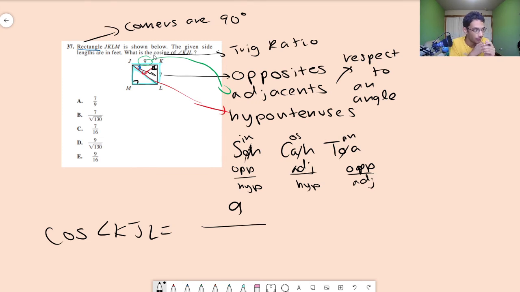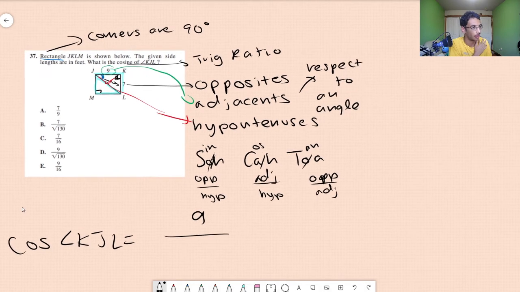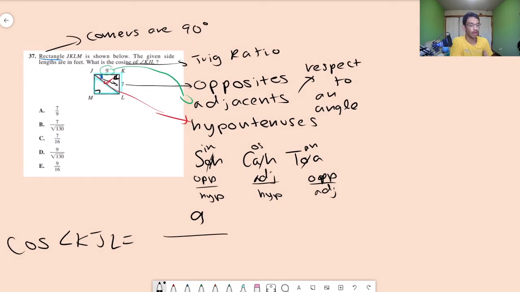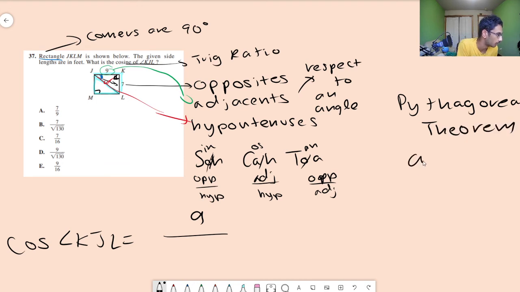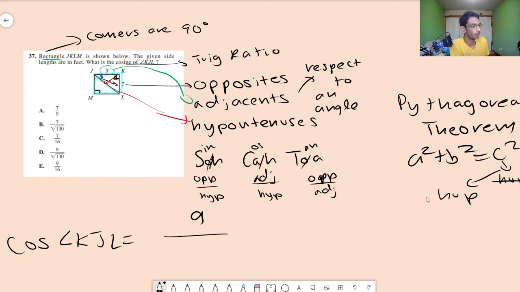Well, if you go back to geometry and you remember right triangles, you can figure out the hypotenuse given the other two sides with the Pythagorean theorem. All you need to do is a squared plus b squared equals c squared, and c is the hypotenuse. So we can take the square root of both sides.